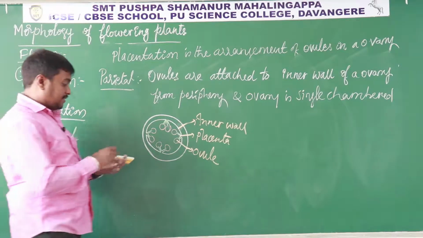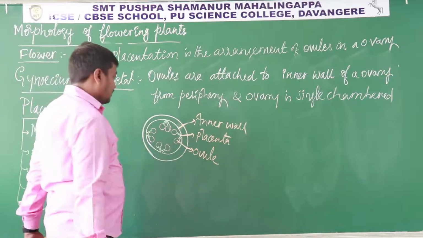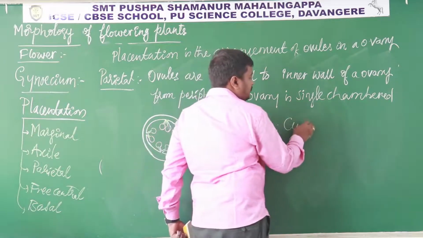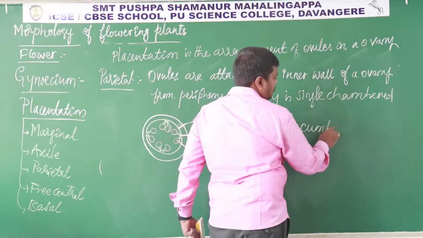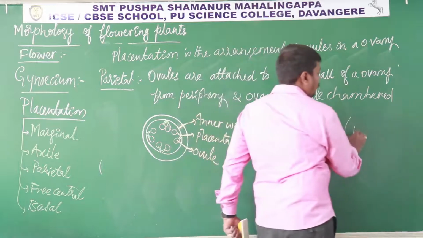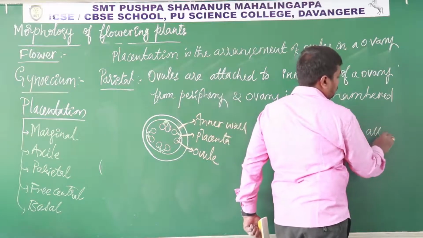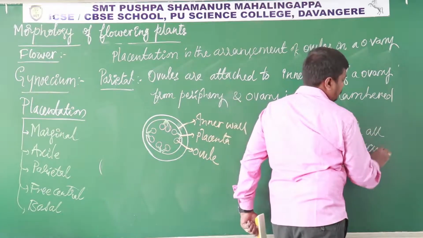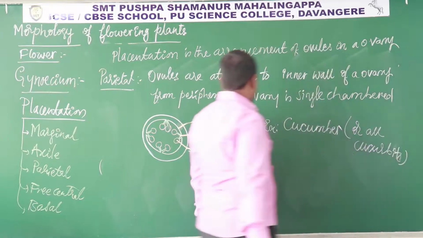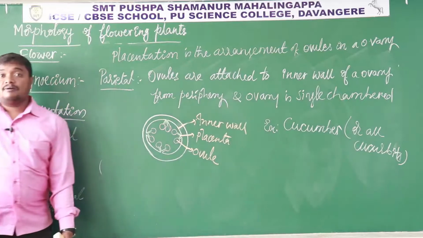Okay, so inner wall ಗೆ ಬಂದಿರುತ್ತೆ. So this is called a parietal placentation. This kind of placentation is observed in cucumber or all cucurbits. ಓಕೆ, ಆಲ್ ಕುಕರ್ಬಿಡ್ಸ್ ಅಲ್ಲಿ ಈ ಪೆರೈಟಲ್ ಪ್ಲಾಸೆಂಟೇಷನ್ ಇರುತ್ತೆ.